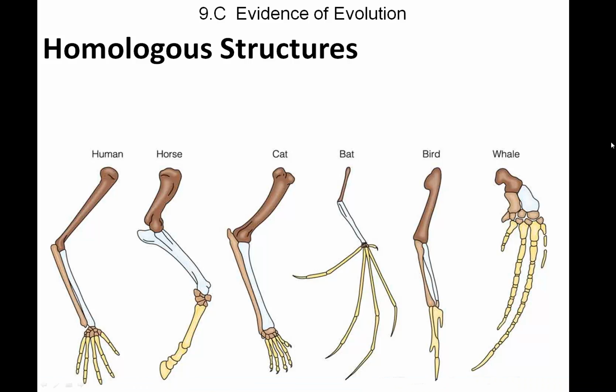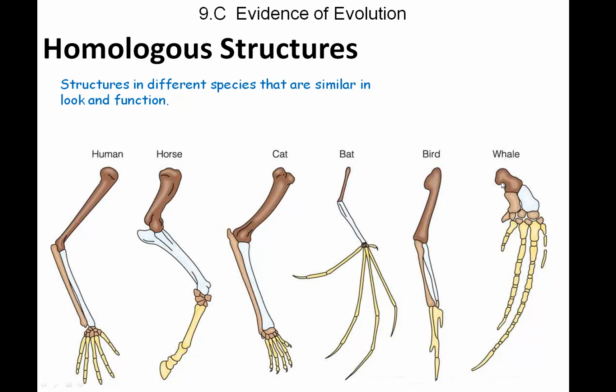Homologous structures are set up for anything that occurs in different species but has a similar look or function. If you look at this, we've got 6 different species here. These diagrams have been color-coded so we can see the bones in each of them.